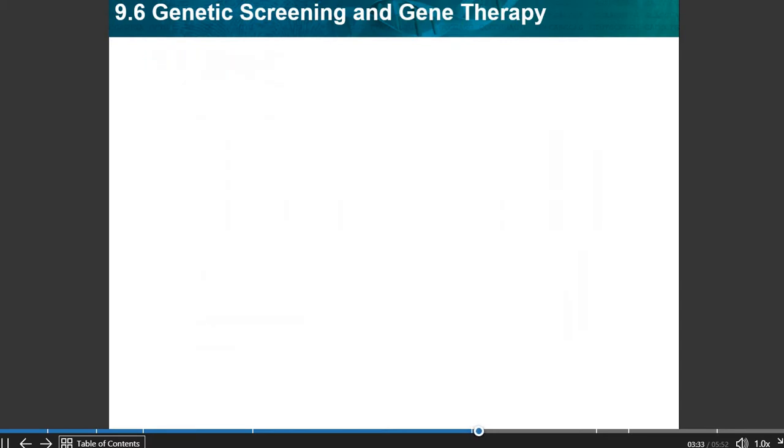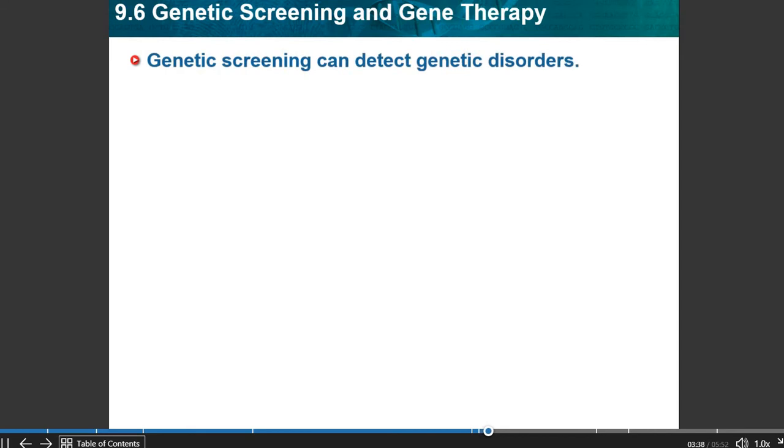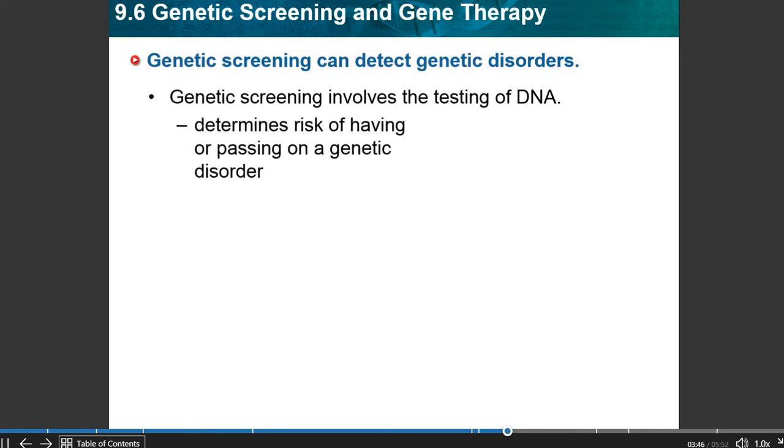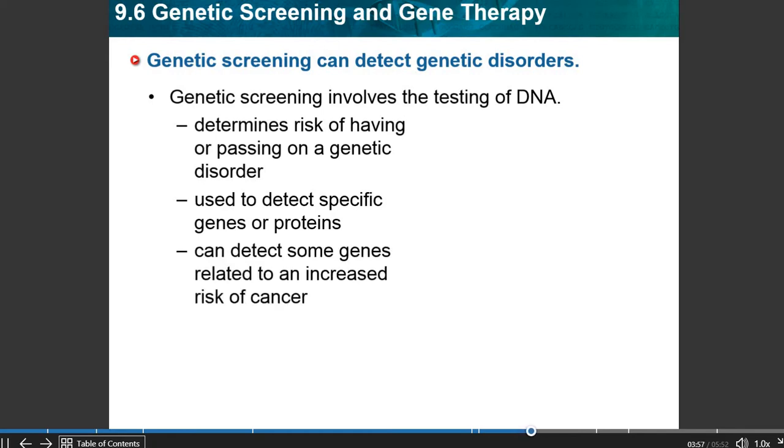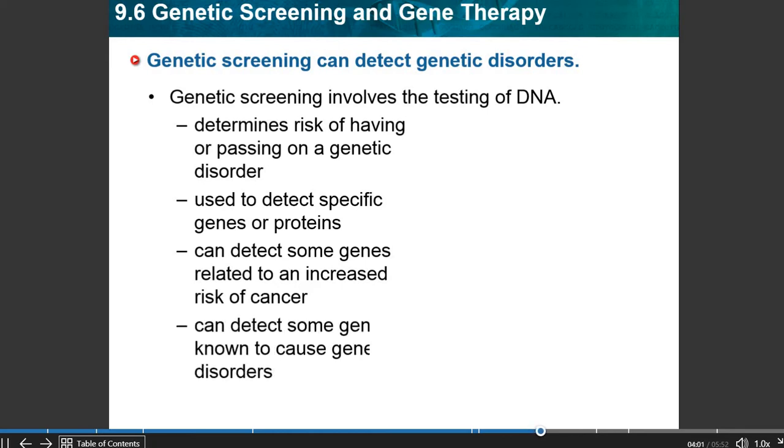So genetic screenings can detect different genetic disorders. Genetic screening involves the testing of DNA. It's going to determine the risks of having or passing on genetic disorders, and it's used to detect specific genes or proteins, and it can detect some genes related to increased risks in cancer, and can detect some genes known to cause genetic disorders.